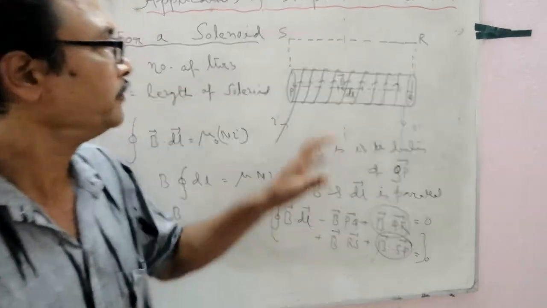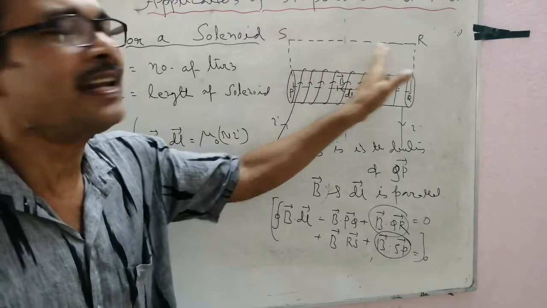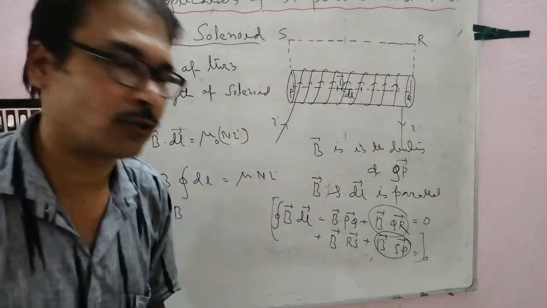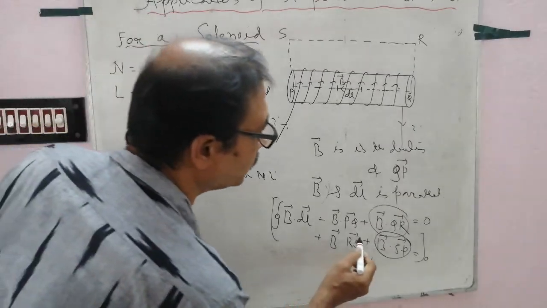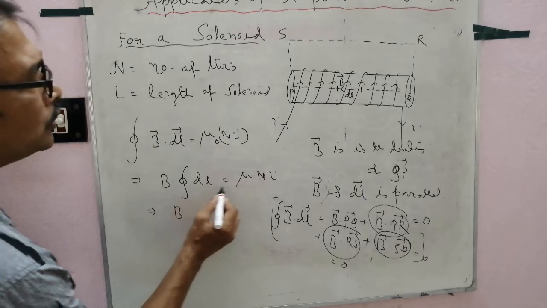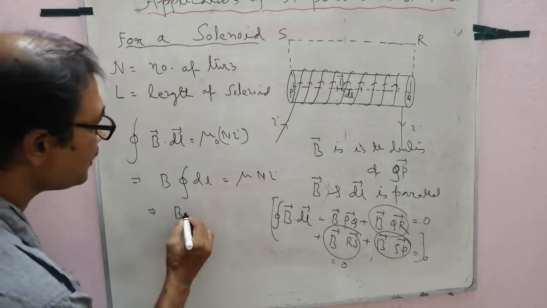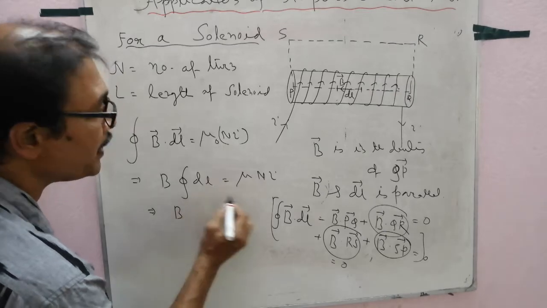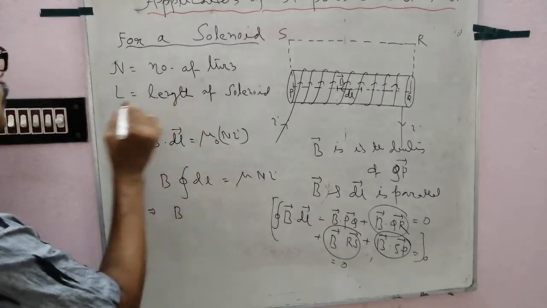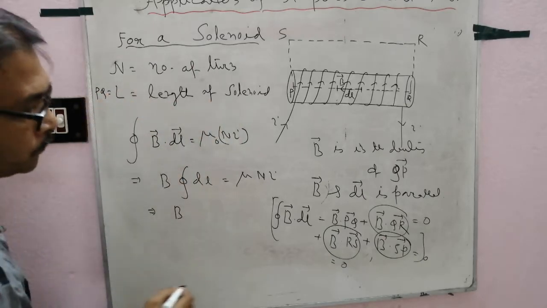Outside the solenoid, the magnetic field is very, very weak, maybe we consider it nil. The magnetic field is strong on the axis of the solenoid. So this is also 0. So B dot dl equals B dot PQ, means B times PQ. PQ means L, the length of the solenoid.